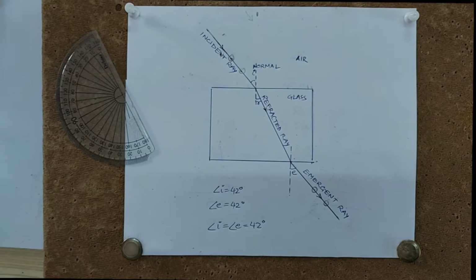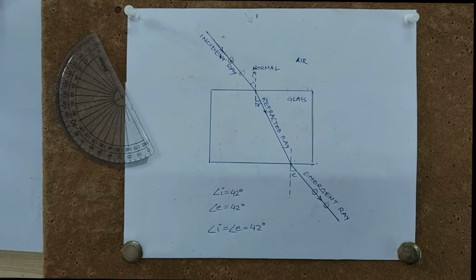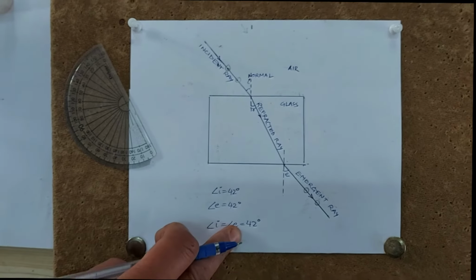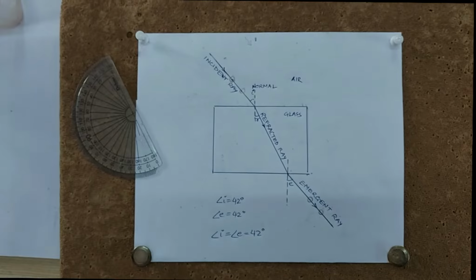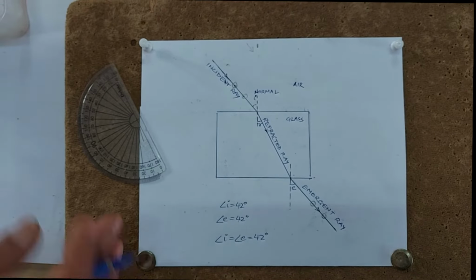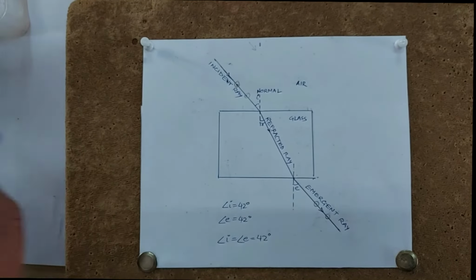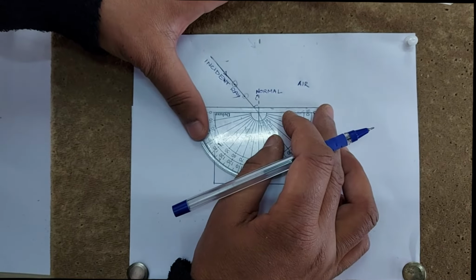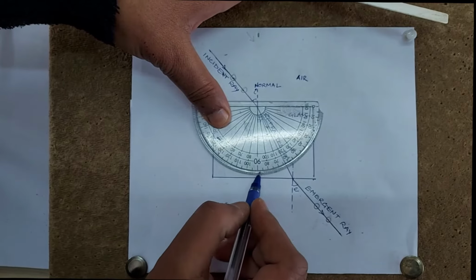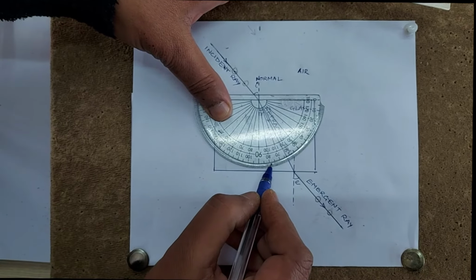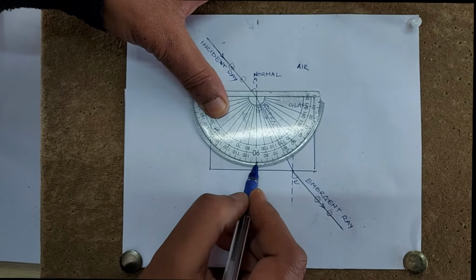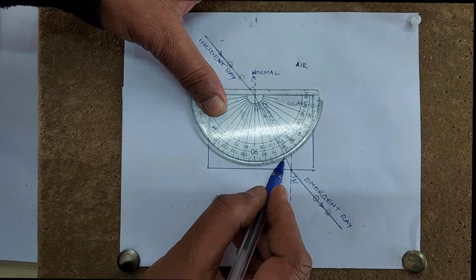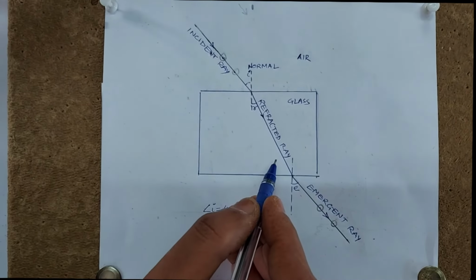So this experiment has been carried out perfectly correct, as angle i is equal to angle e. You may measure r, you may not measure r, it is immaterial, but still we can measure r also. Actually it is not so much required. 10, 20, and this is 26 degrees.